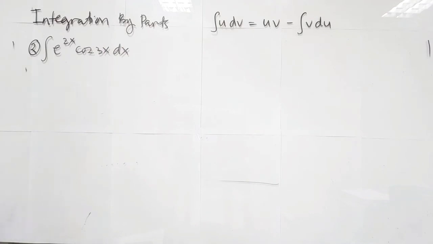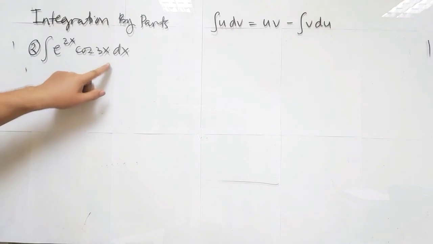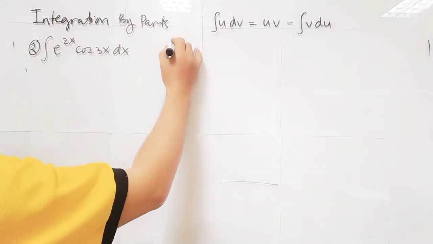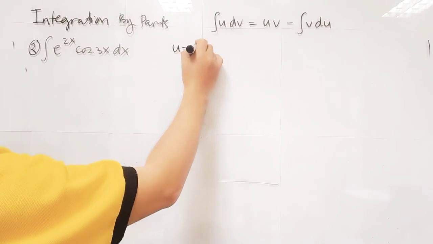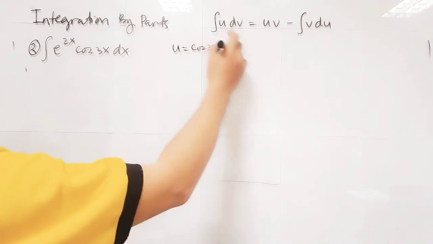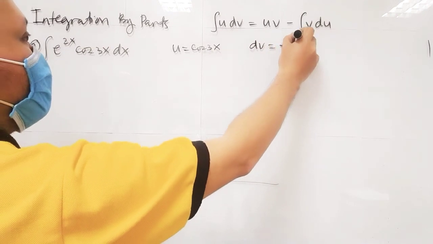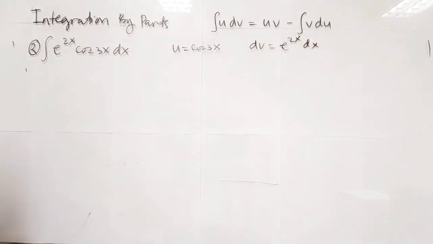Another example of integration by parts is the integral of e to the 2x cosine 3x dx. Again, we will decide what will be our u and what will be our dv. For this case, I will decide my u as cosine 3x, so that dv is equivalent to e to the 2x dx.